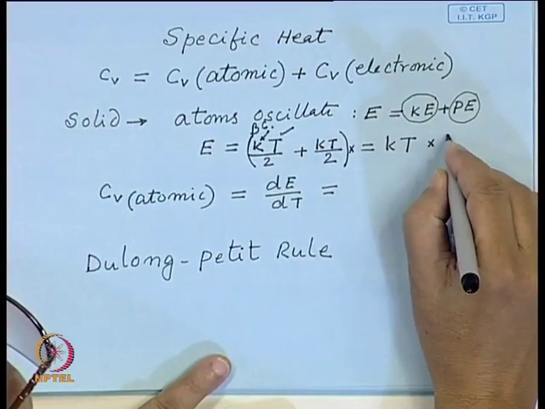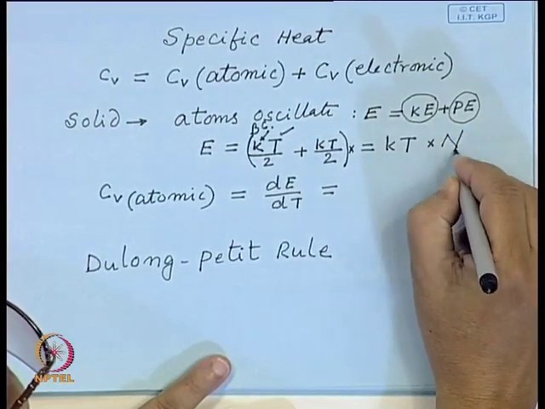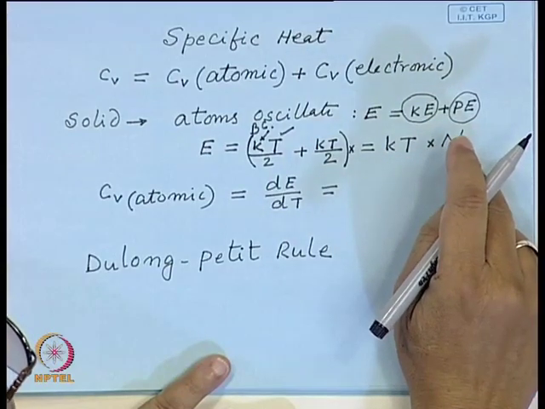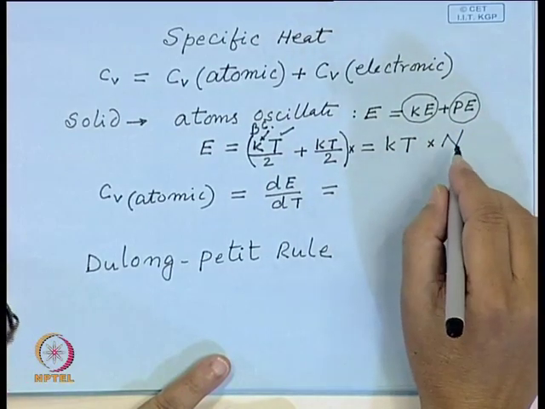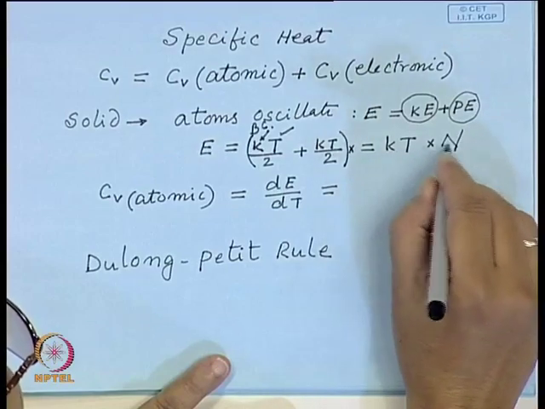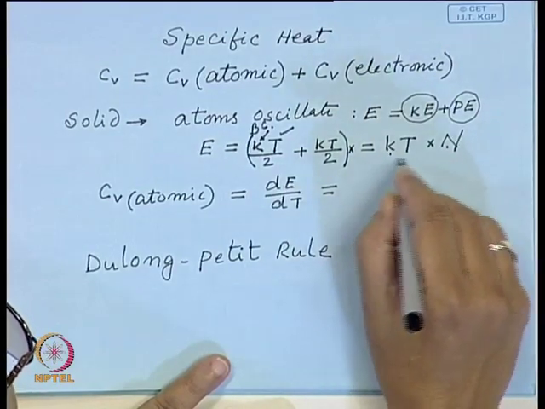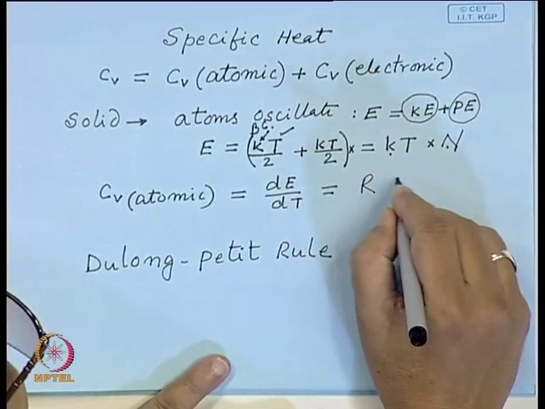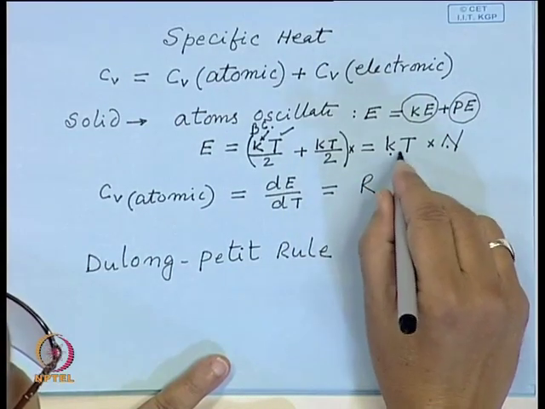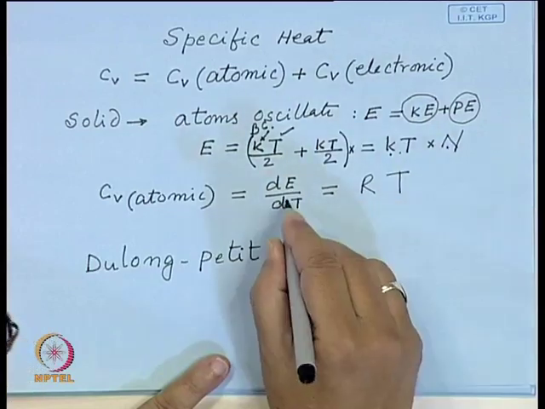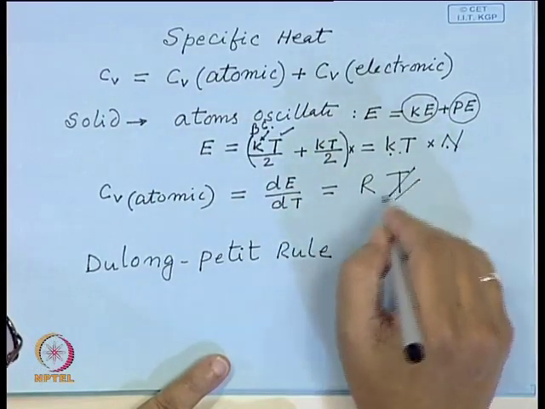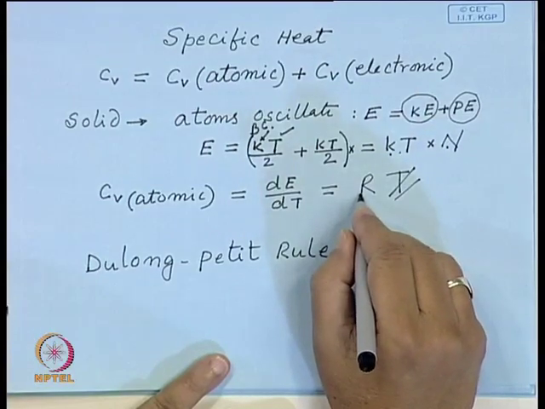For the molar specific heat, multiply this by the Avogadro number. The Avogadro number times the Boltzmann constant is equal to R, so you have RT. If you differentiate this with T, you get R.